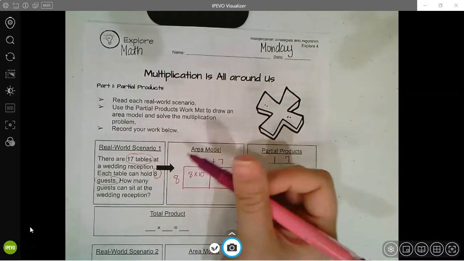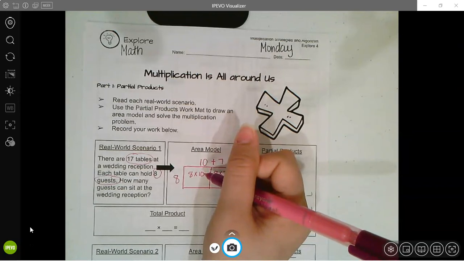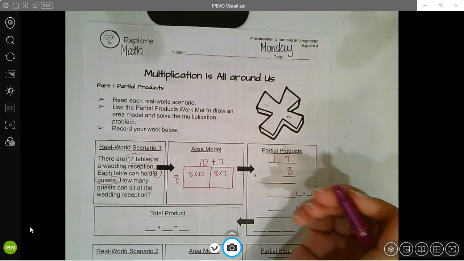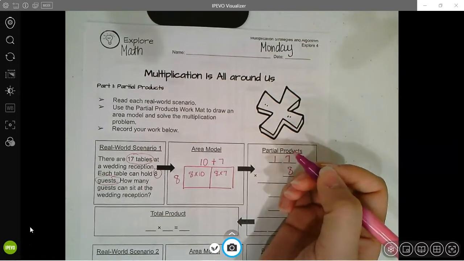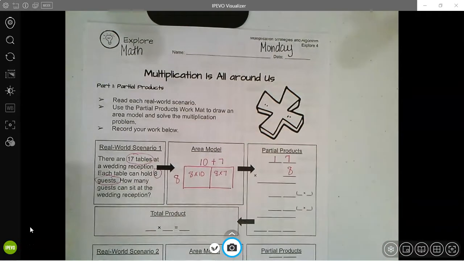So if I wanted to know what 8 times 10 is, that means I'm going to have 10 groups with 8 in them. Guys, if you need to draw a picture, draw a picture.